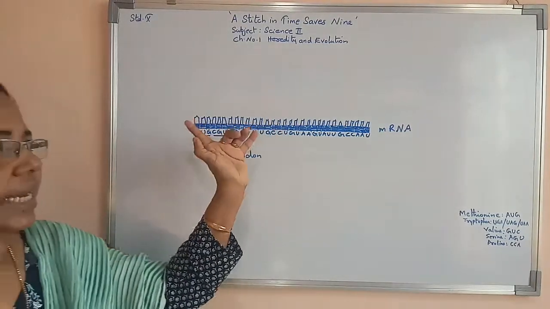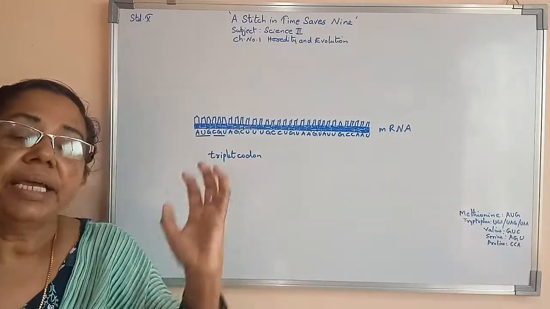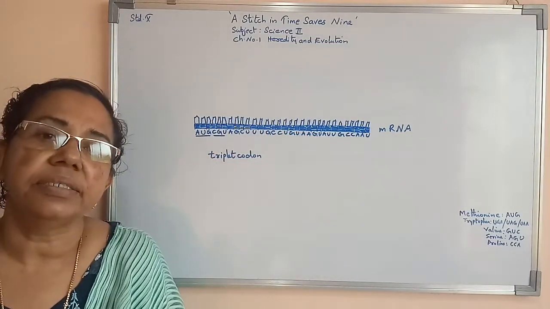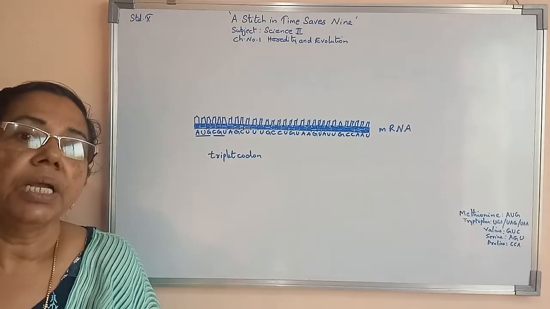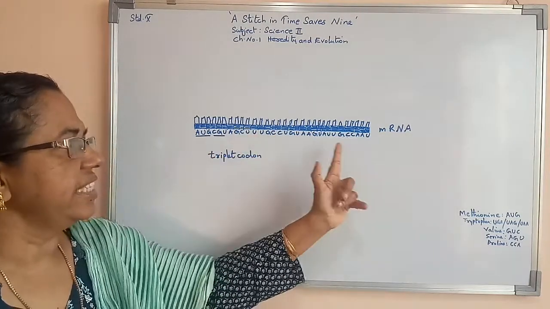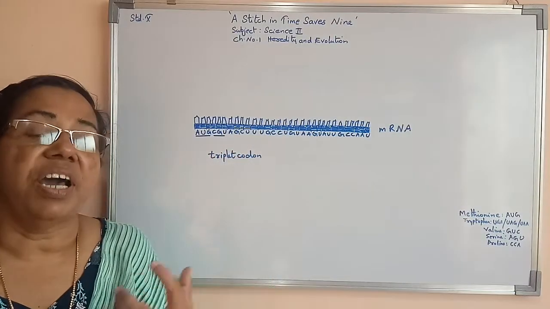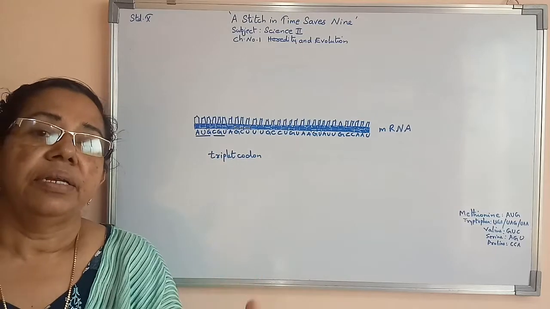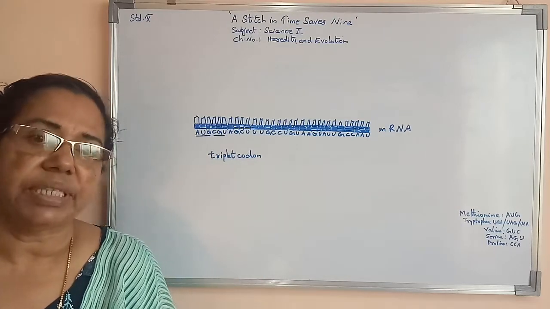So here we can say that this messenger RNA came from the nucleus. Now it is lying inside the cytoplasm. Now this messenger RNA carries a large number of nucleotides, we can say nitrogenous bases, with it.